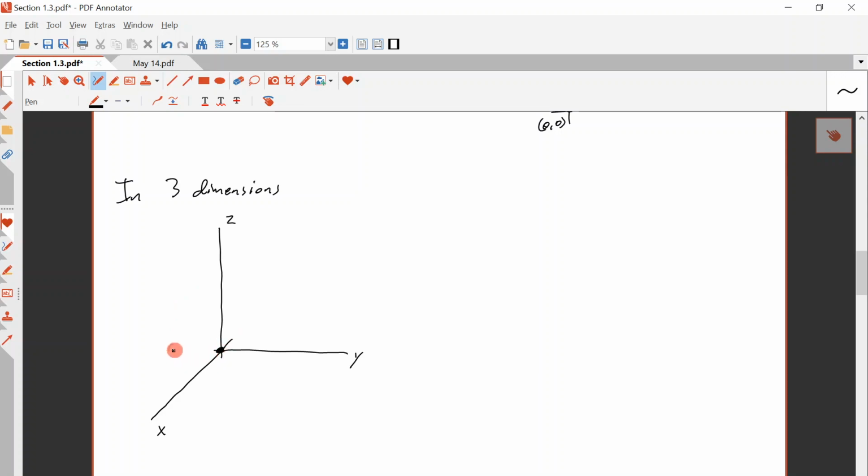If this is the origin, x, y, and z all equal to 0, and you wanted to see the vector with x coordinate 1, y coordinate 2, and z coordinate 3, you would have this box here.